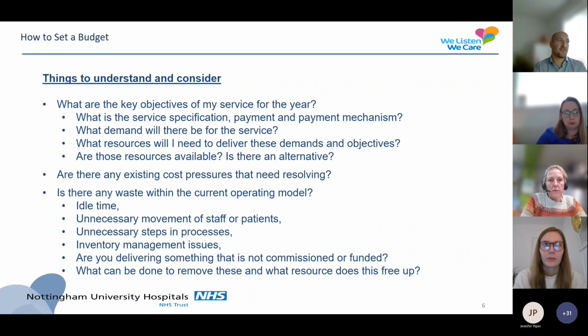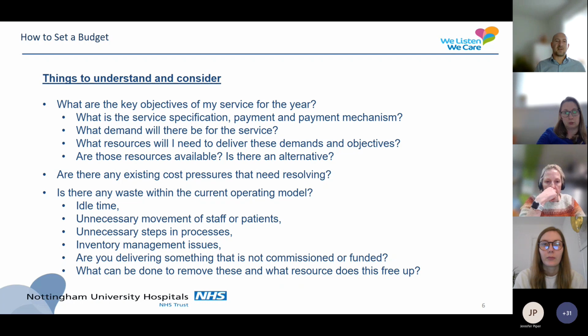As I was saying before, what demand is there on the service? There's obviously the need to reduce down the backlogs to get to the 65-week target, but also, if you're budget manager for ED or one of the related services that are heavily impacted by ED, it's how is that change, having 76% of patients treated within 4 hours, going to impact on your bed capacity needs, and that sort of thing.